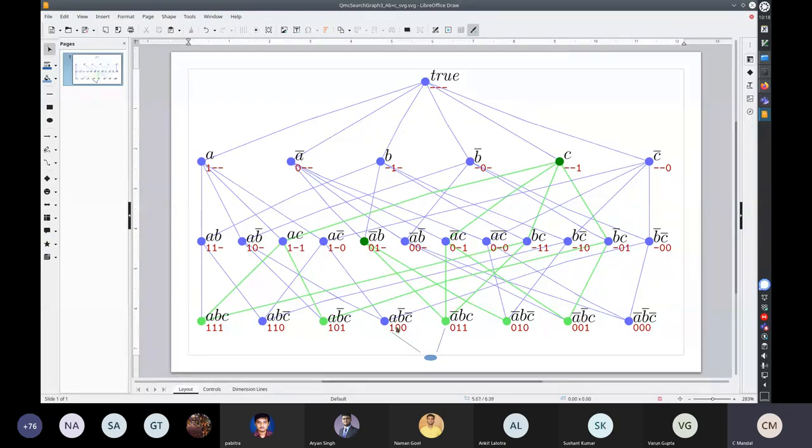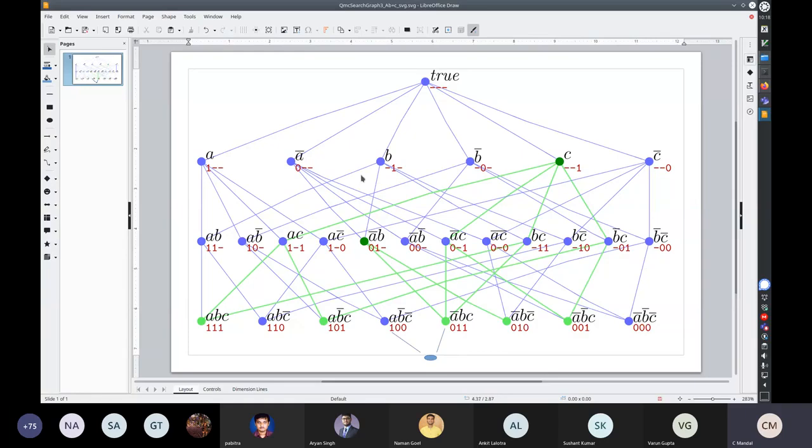So the function is on for the green nodes ABC, A bar B, A B bar C, A bar B C, A bar B C bar, A bar B bar C. Okay, so these green nodes correspond to the onset of the function, and the blue nodes correspond to the offset of the function.